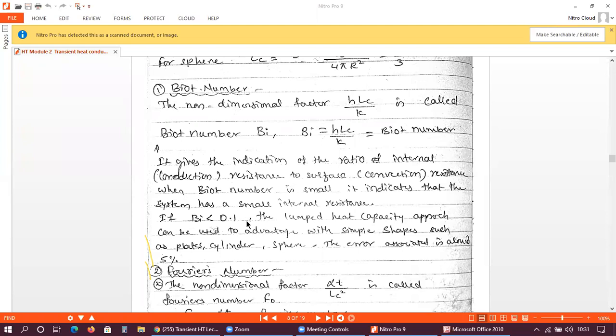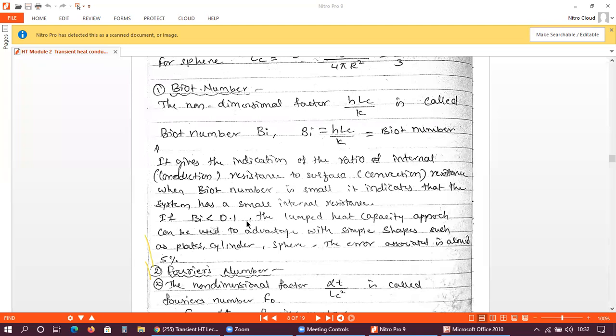First condition: if the Biot number is less than 0.1, it will indicate that the temperature distribution within that material is uniform. If the Biot number is greater than 0.1, it indicates that the temperature within that material is not uniform; the temperature is varying.